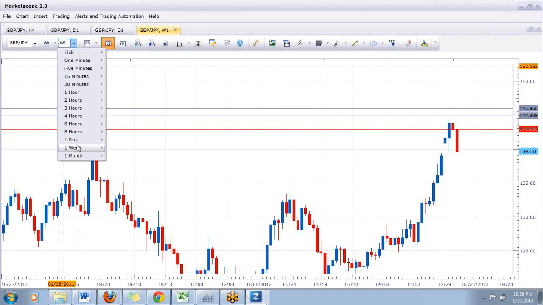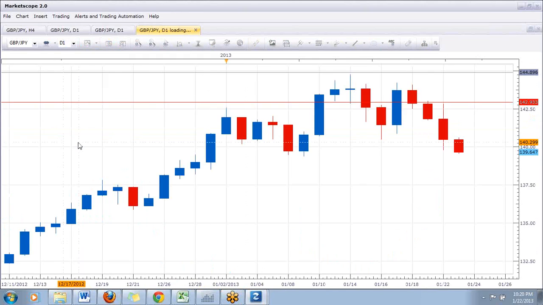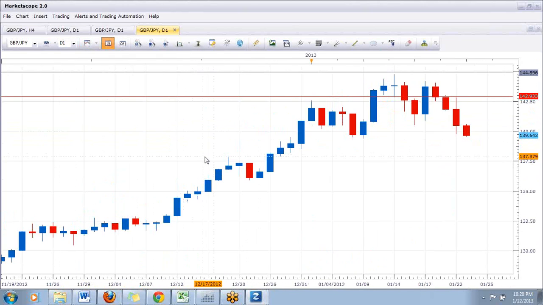Right, now we're going out to the daily chart. One thing that I like to look at is mainly the highs. So this is the high, that's the high, and that's the high.